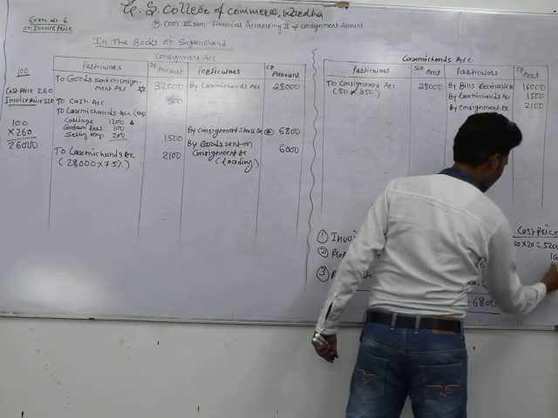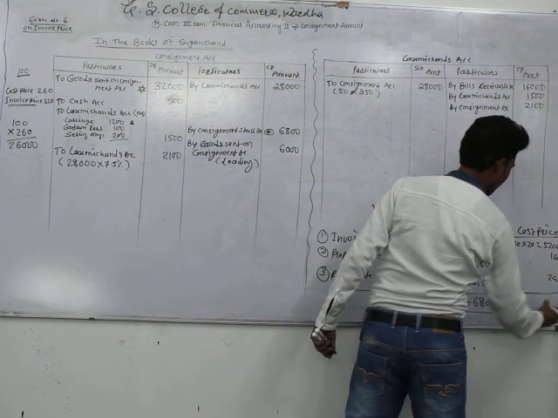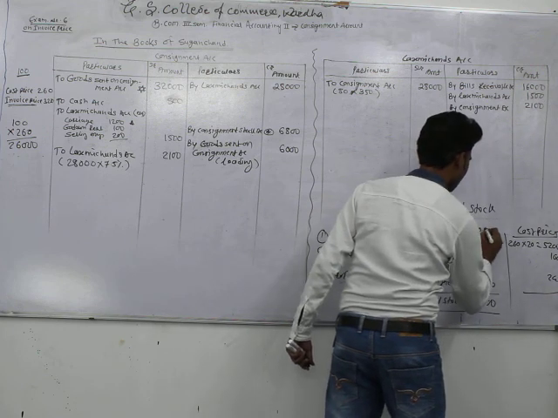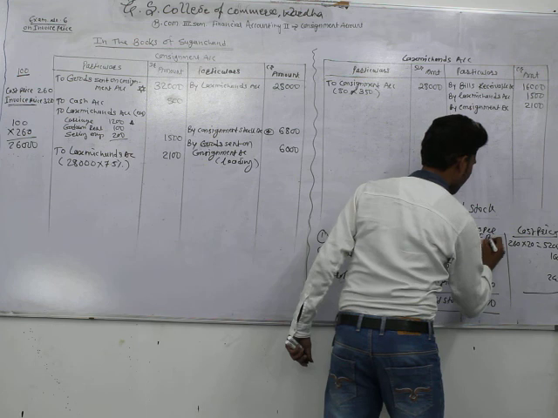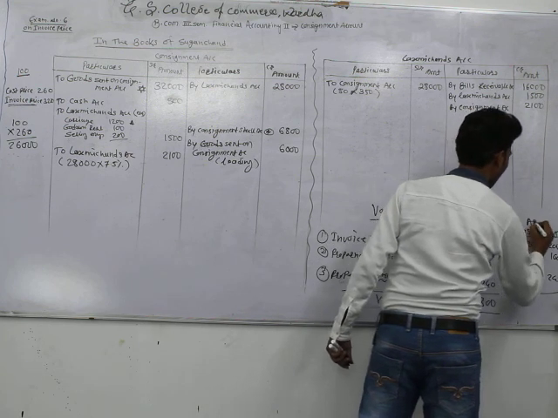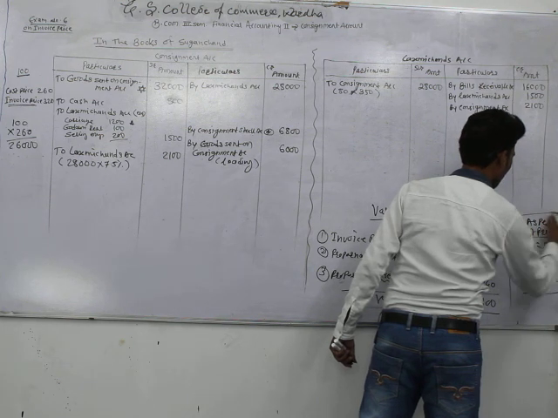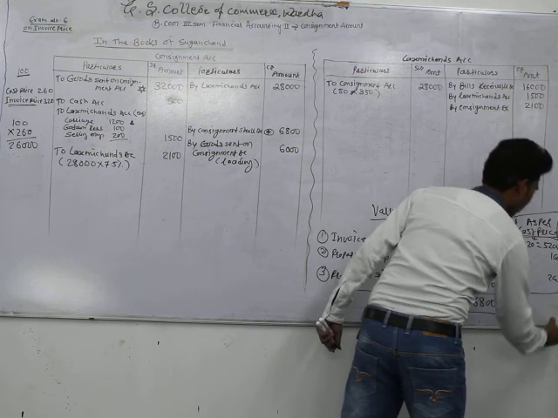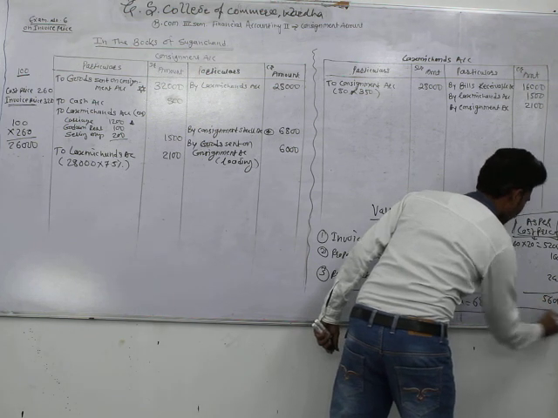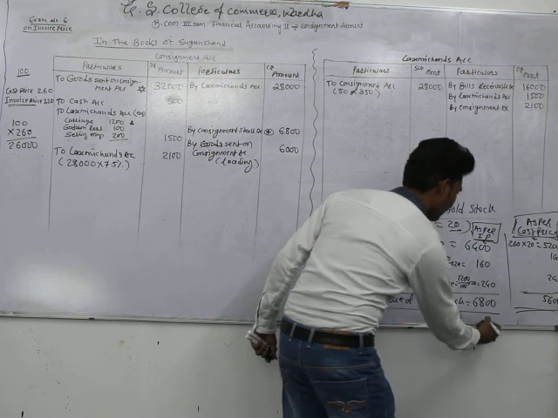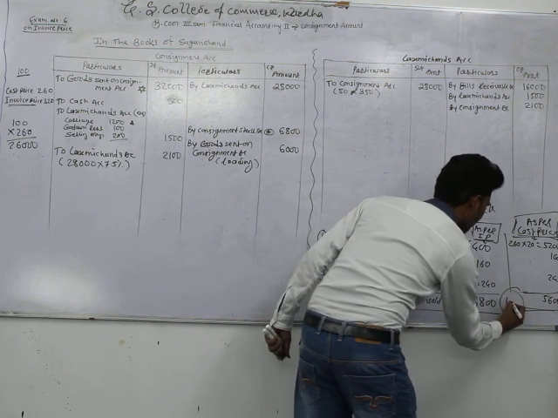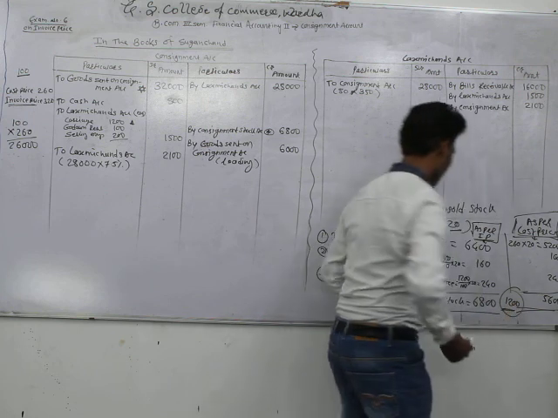Other items are the same, they have no problem. As per invoice price it is 6,800 and as per cost price it is 5,600. So the difference is rupees 1,200.